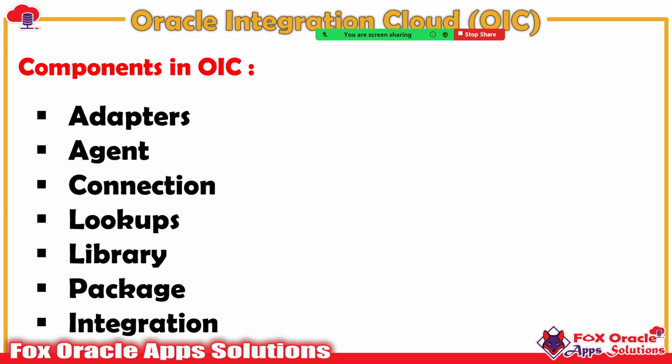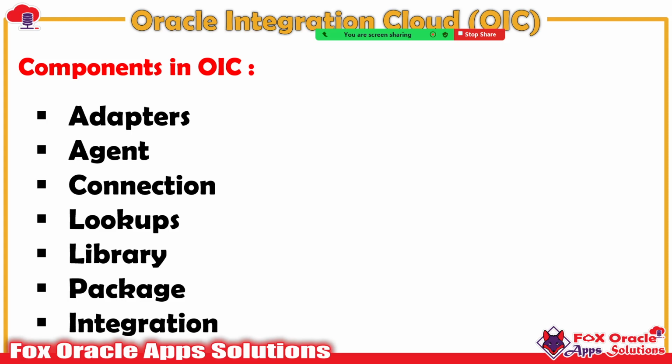So now, after the introduction, we have components in OIC. Whenever we are going to learn any technology, each and every technology has its components. So in Oracle Integration, we have six or seven components. It's not like we can consider a first component or second component; it's all interrelated.